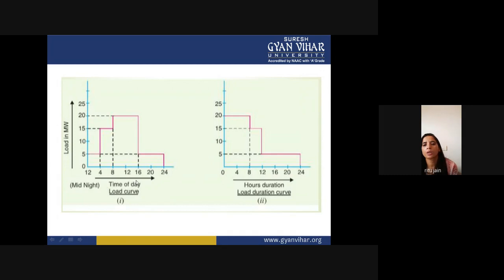In the daily load curve, you are drawing the graph between the time of day and the energy demand of the load, and the load duration curve is drawn between hours duration and the load demand. So this is the difference between the daily load curve and the load duration curve.